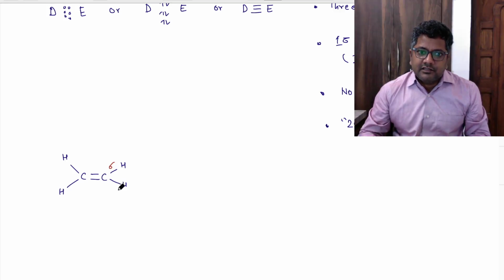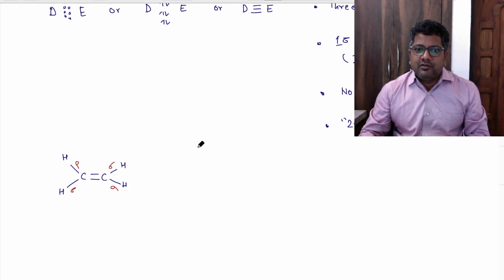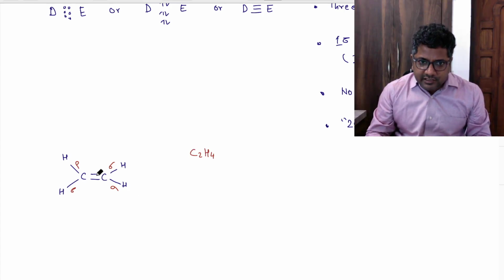This is single, this is sigma, this is a single carbon-hydrogen bond, this is sigma, this is sigma. So this is the model of one molecule. That molecule is C2H4. See here, two bonds are there, so one sigma and one pi.